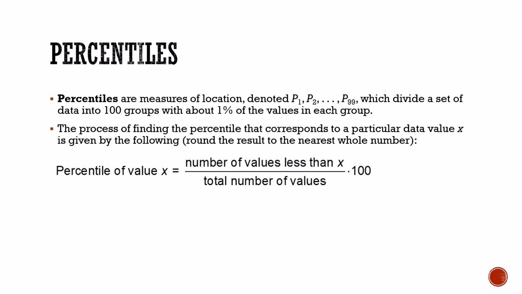So for example, if you said, on the SAT, I scored in the 85th percentile, that does not mean you got 85% of the questions correct. It means that roughly speaking, you scored higher than 85% of other test takers, right?